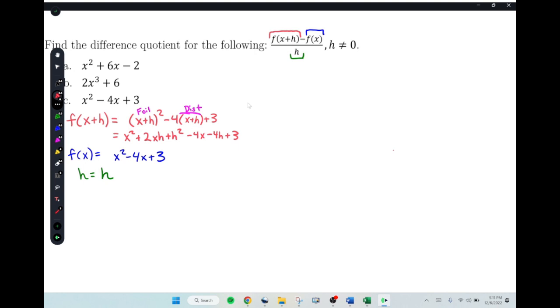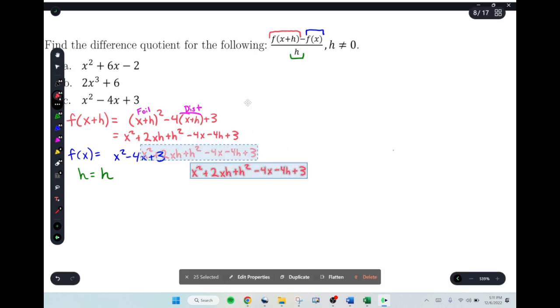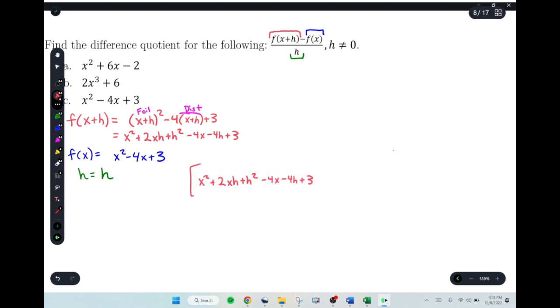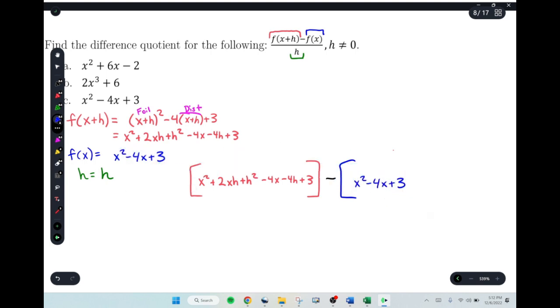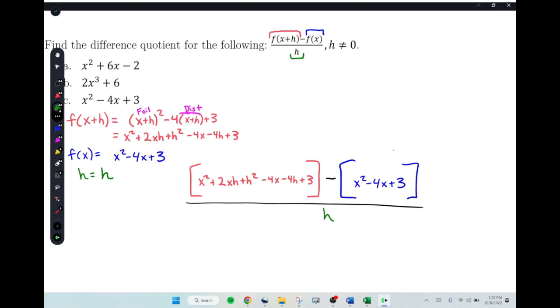Red problem in big old parentheses, minus blue problem in big old parentheses, divided by?